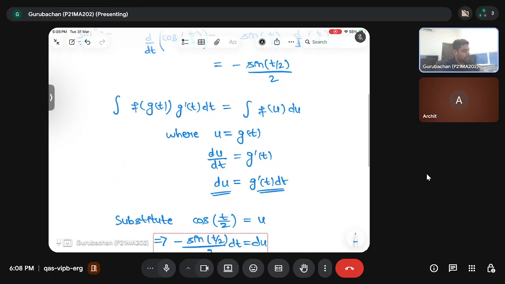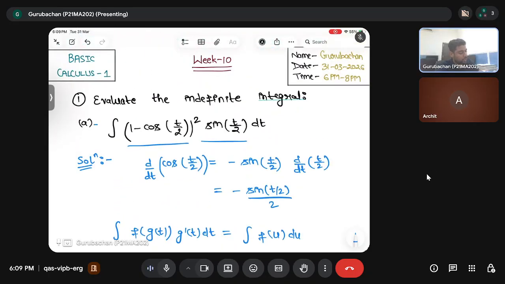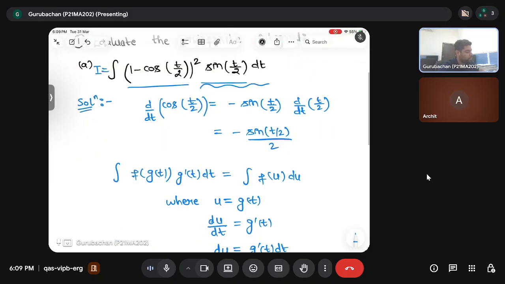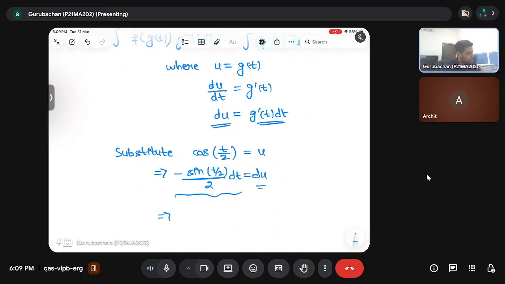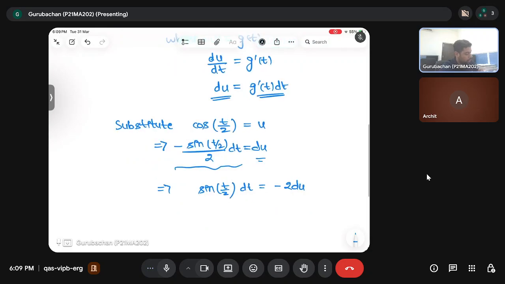Now observe that in the given integral, we name it as I so that we don't need to write again and again. There is a term sine t by 2 dt, so we keep this term on the left hand side and send the rest to the right hand side, so that we can substitute it later. This will be minus 2 times du, correct? Now recall the integral was (1 minus cos t by 2) whole square times sine t by 2.